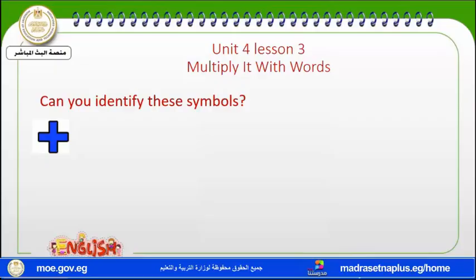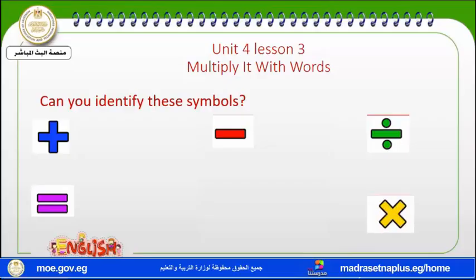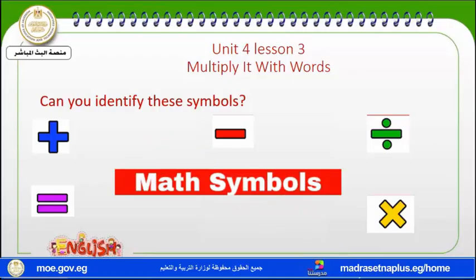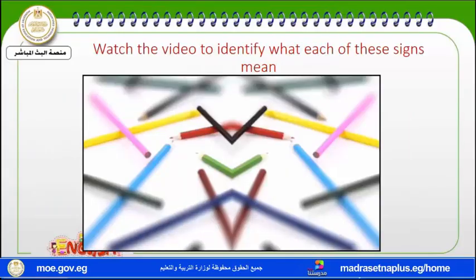This is the first sign, 2, 3, 4, 5. These are all math symbols. Now watch the video and identify what each sign you have just watched means.